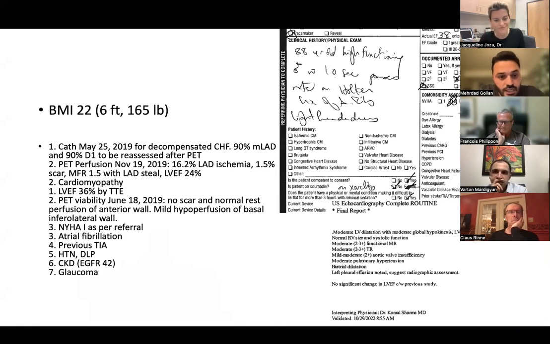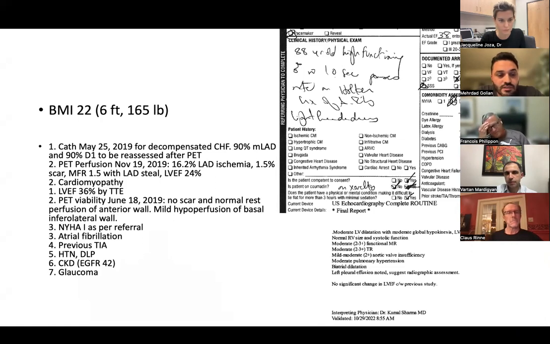I don't know how many 88-year-olds you guys are doing left bundle on, but I got referred this patient on my list for a CRT pacemaker, with bradycardia, an EF of 35%, and apparently fairly functional. You see him, he's quite scrawny.